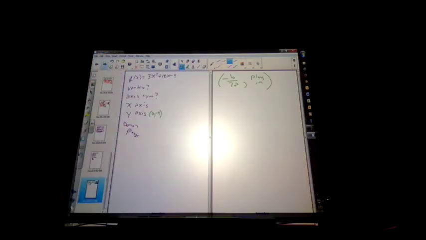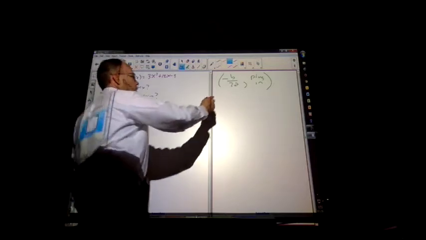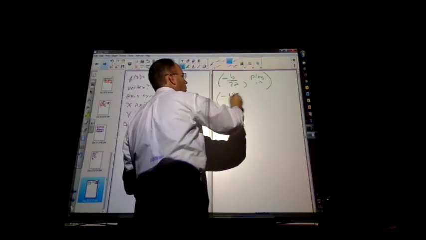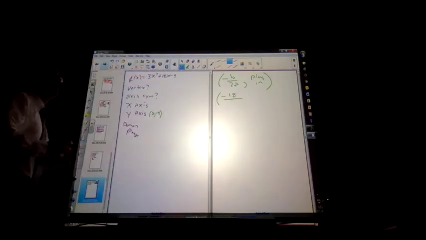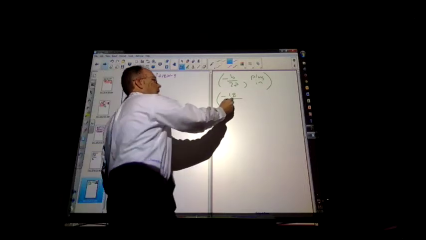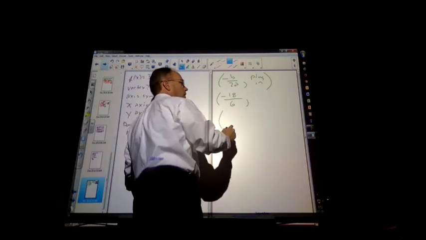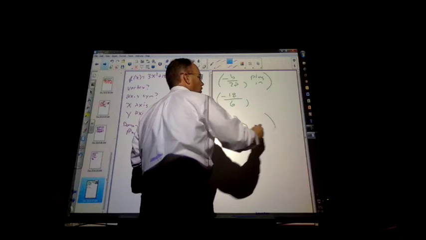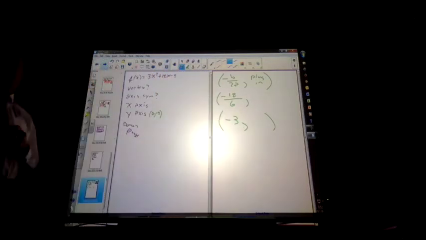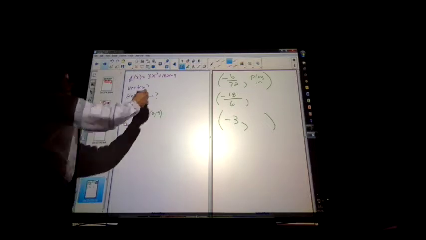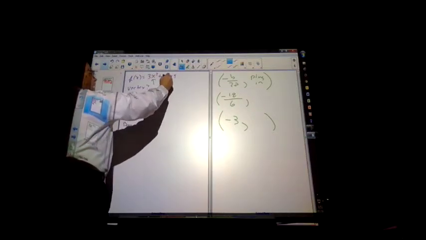What's my b value? 18. Good. So I get negative 18. What's 2 times a? 6. So what is my x component of my vertex? Negative 3. What should I do to get my y component of my vertex? Plug it back in where? To the x's. So I'm going to plug negative 3 in right there and right there.